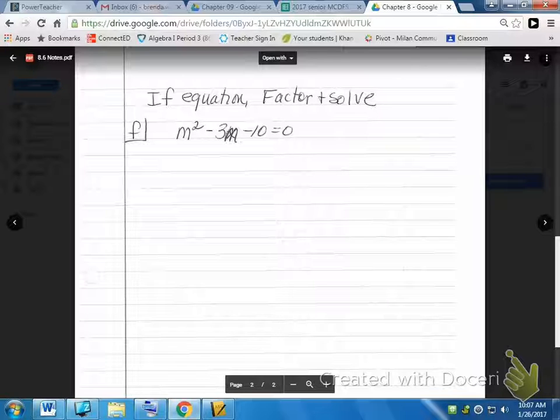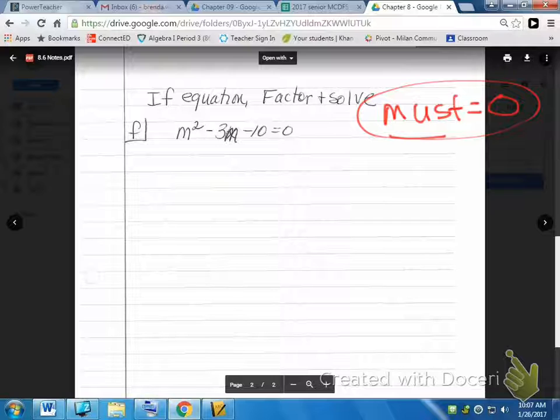If it is not already equal to 0, you have to make it. So let's put that in there so that we have that written down. Must equal 0. If it is not, you have to make it equal 0. In other words, you bring everything to the same side so that it equals 0.